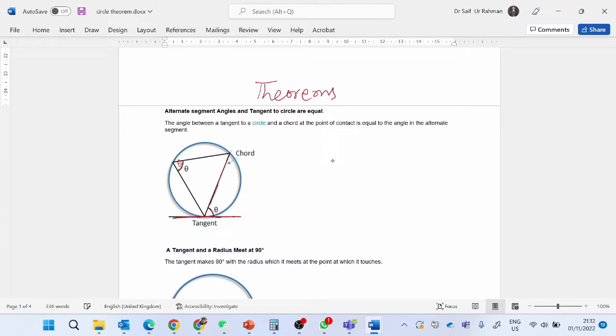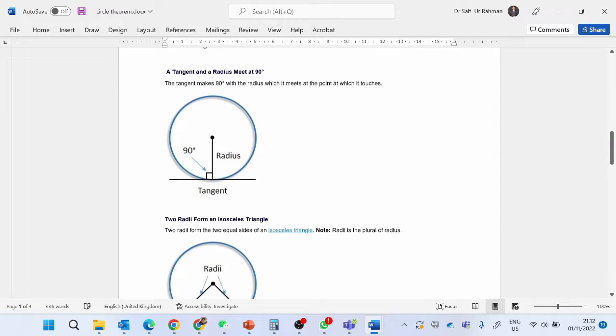So this is the one segment which this chord is making. The alternate angle in the other segment will be equal to the angle which this tangent line is making with the chord, where the triangle vertex is touching the circumference. So this is the first theorem of circles.